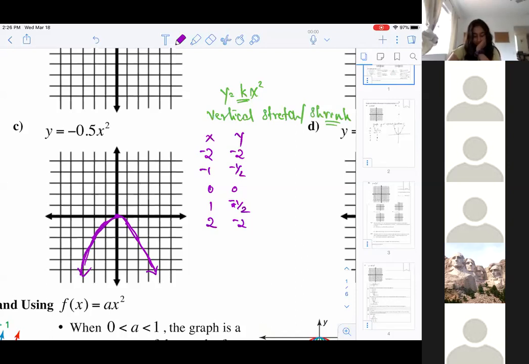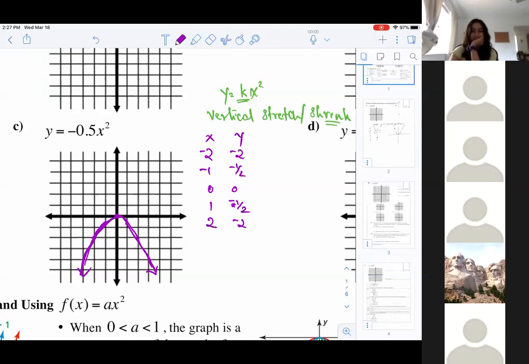So does it look like what you expected? Did you guys say that it's going to be flipped? Yes. Alina, tell me, is it flipped across the y-axis or x-axis? X, I think. It's flipped across the x-axis.